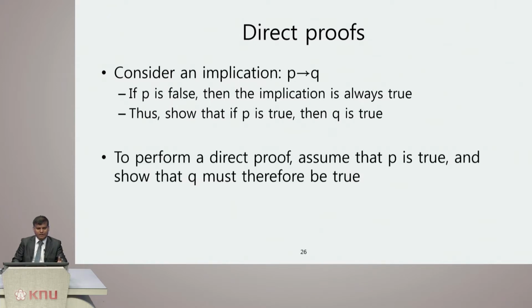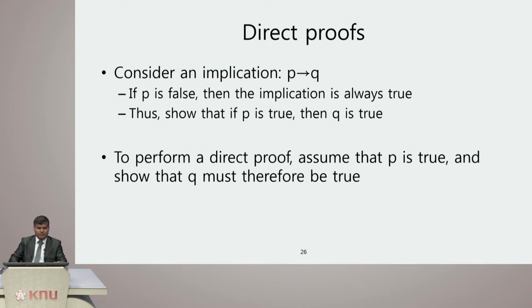We know the truth table behind the implication operator, and to perform a direct proof, assume that P is true and show that Q must also be true. That's the basic thought.